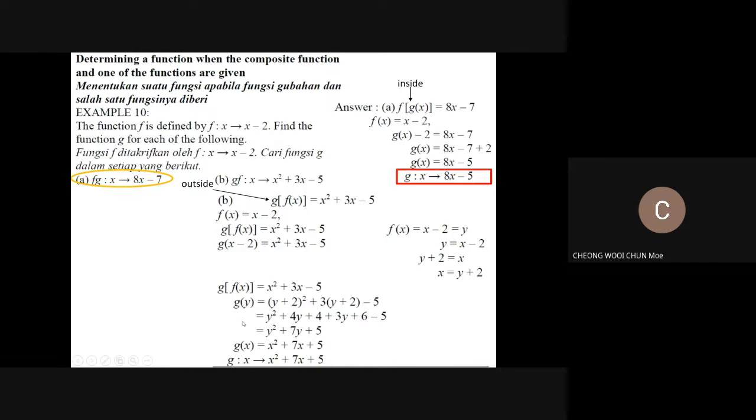Then from y here, I need to change to x, because the function g must be in terms of x. So both must change to x. It becomes x squared plus 7x plus 5, all in function notation.